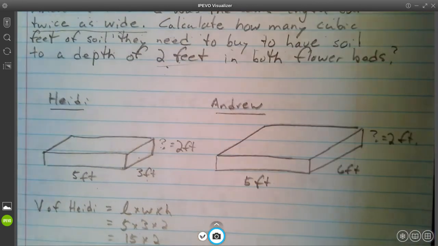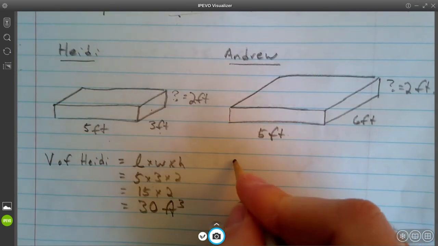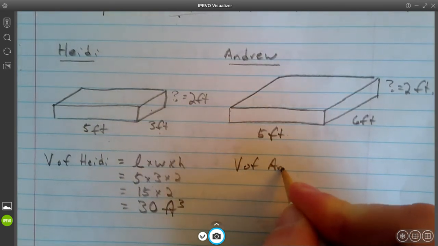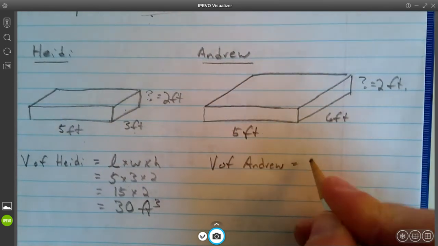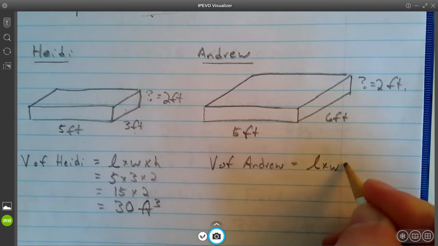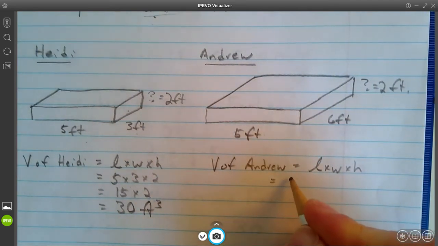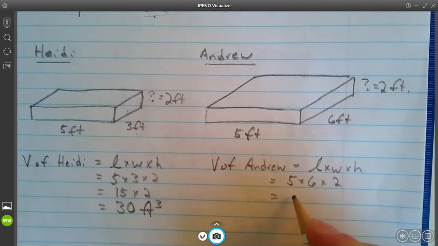And, whoops, ran out of space. And volume of Andrew equals length times width times height. That is 5 times 6 times 2.